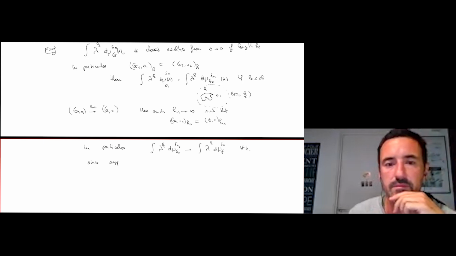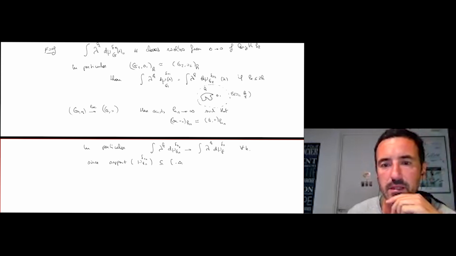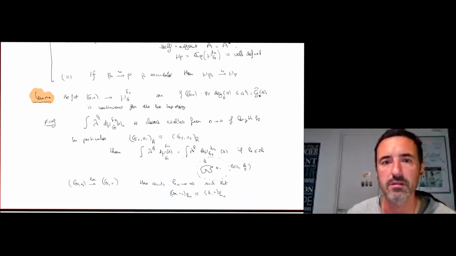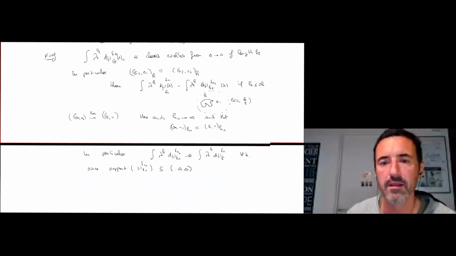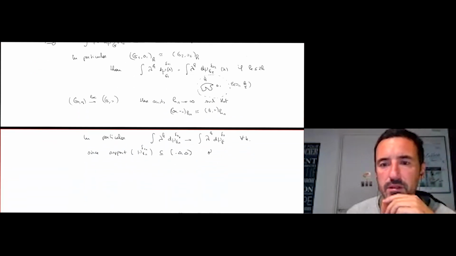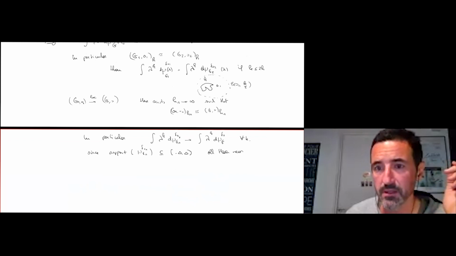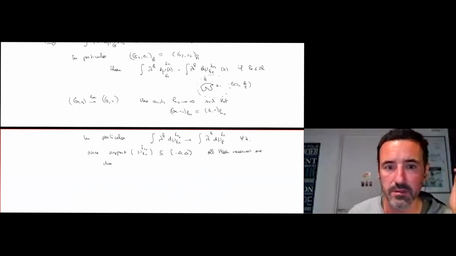And since the support of μ_Gn, the Dirac mass at On, is included in [-δ, δ], because the assumption is that the degrees are bounded, all these measures are characterized by their moments.